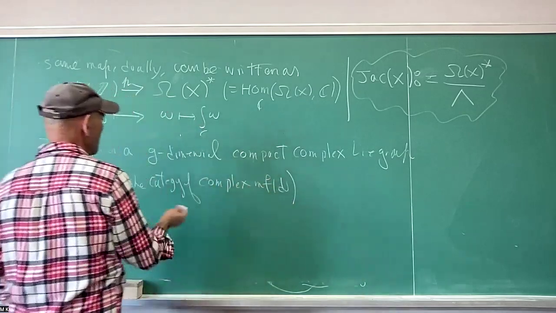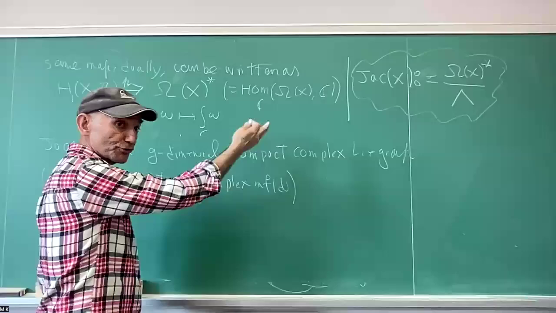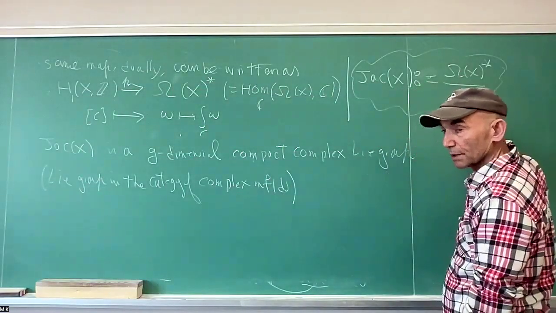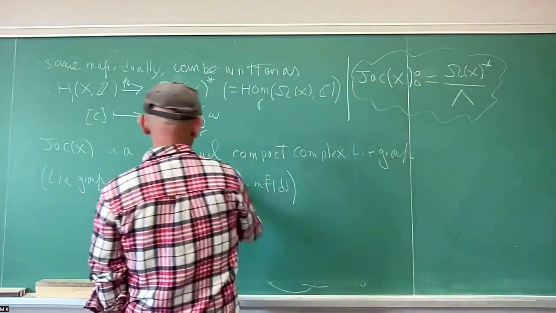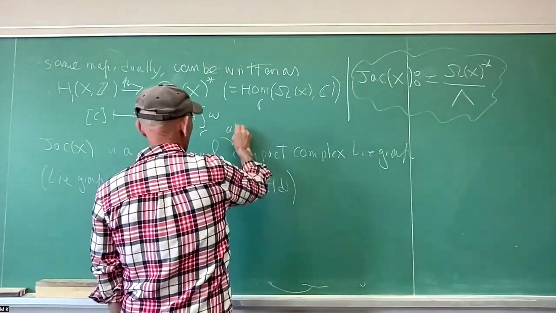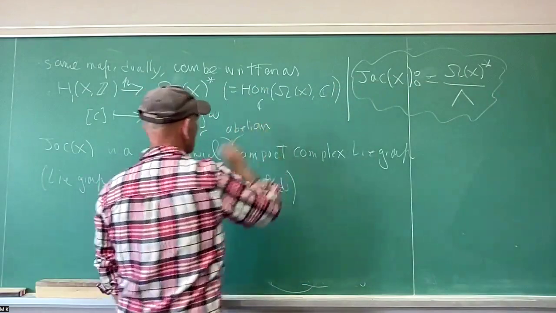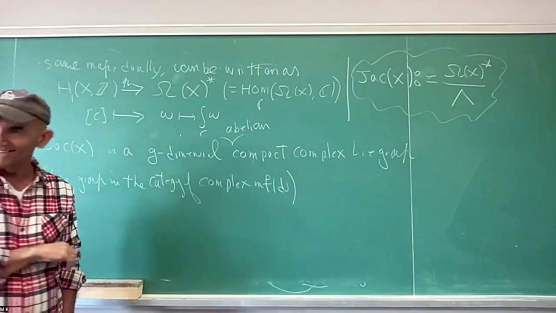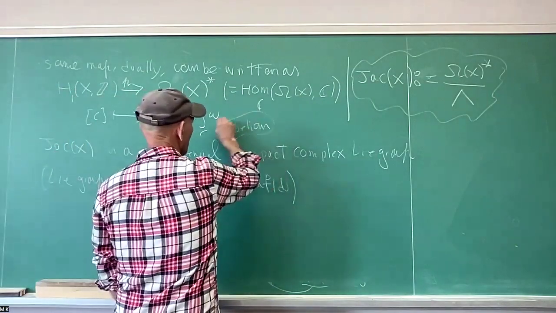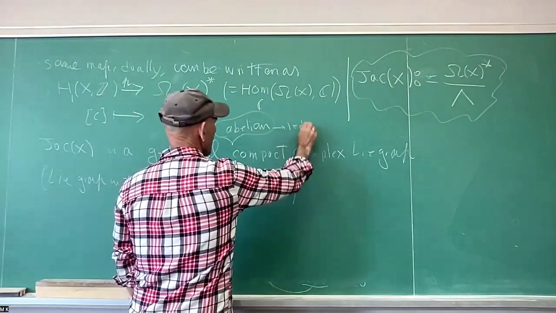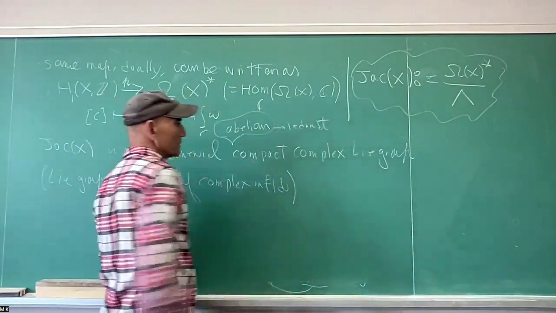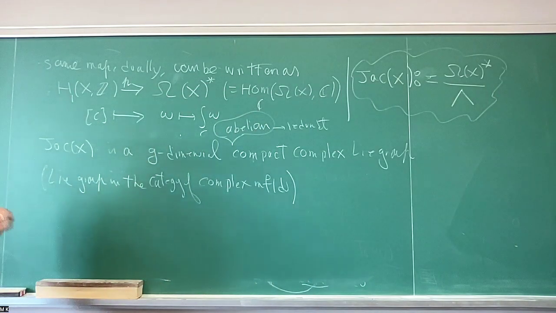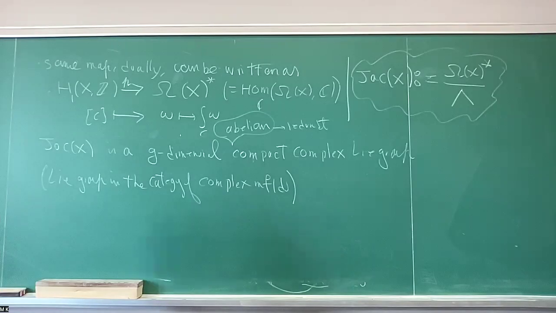And then, of course, this is an abelian thing by our construction, because this guy is abelian, and we are dividing by this. So it is a g-dimensional abelian. But actually, it's redundant to say that, because people can prove that, and in fact, it's not so difficult to show that any compact complex Lie group is necessarily abelian.